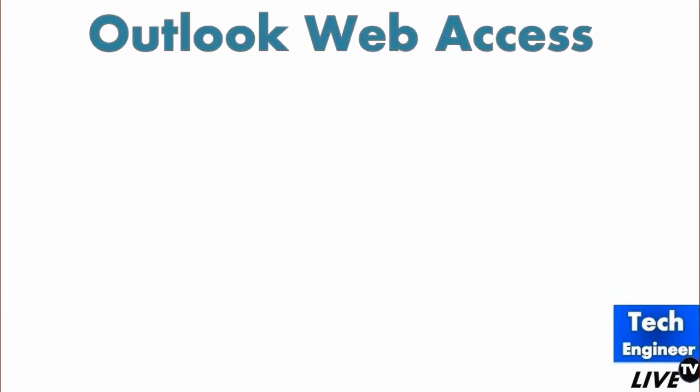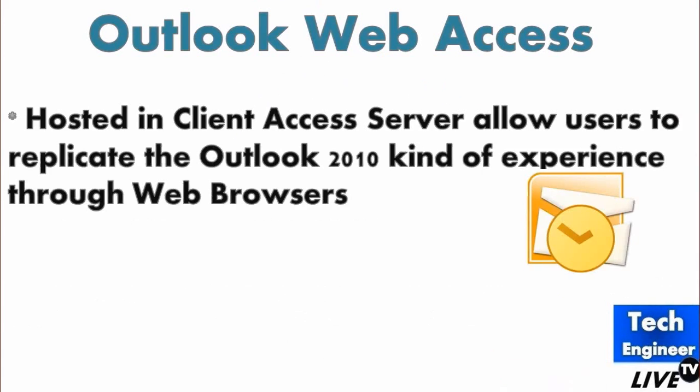Another thing we're going to learn about is Outlook Web Access, also known as Outlook Web App. Outlook Web App is a great tool that provides access to the client access server through a web browser. It means the kind of experience you get in Outlook 2010, you get through the web browser as well.